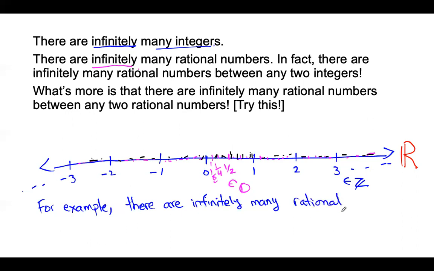So there are infinitely many rational numbers between, let's say, 2/3 and 12/13. And you can prove this again by just averaging between the two numbers.